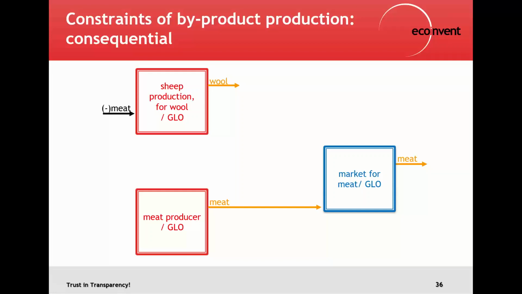The meat byproduct is constrained, so it will be a negative input, and it will be giving credits to the wool producer, modeling the avoided impacts of meat production, so avoiding a demand for primary production of meat. So here, as you can picture, the market for meat will look different than in attributional, because in attributional, the market for meat will also have the supply of the meat coming from the wool producer.